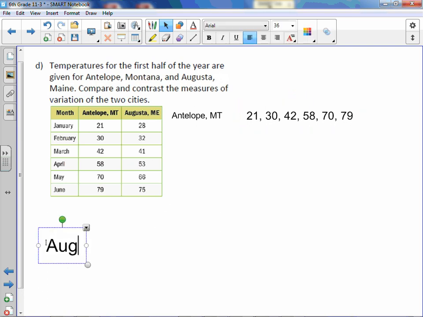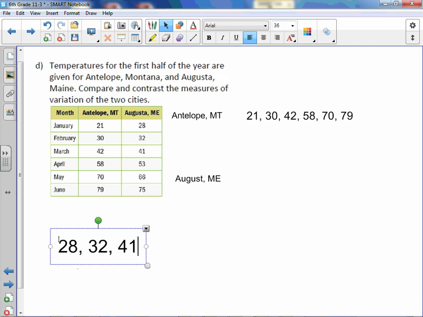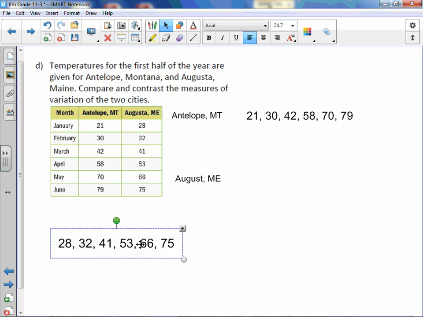And now for Augusta, Maine. 28, 32, 41, 53, 66, and 75.